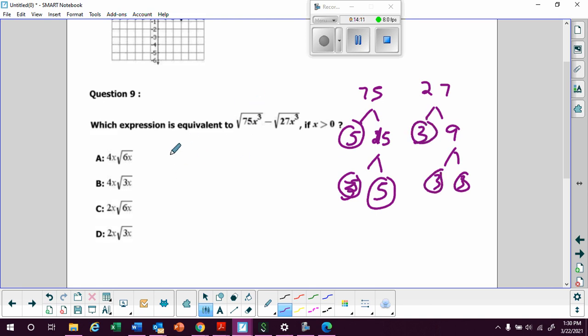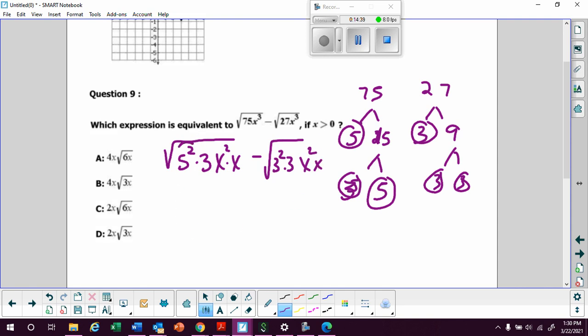That's my prime factors, right? So since it's a square root, it comes as a pair. So the first one, I'll put it as 5 squared times 3. And then my x cubed, I'm going to put it as x squared times x. Okay? Then minus, I have 3 cubed, so I'm just going to write it as 3 squared and 1 three, and x squared and 1 x.